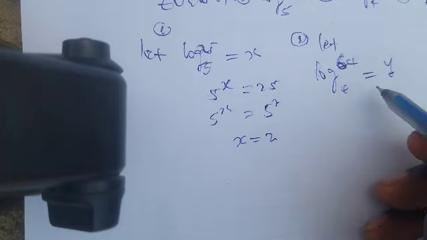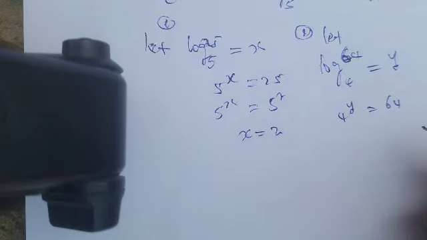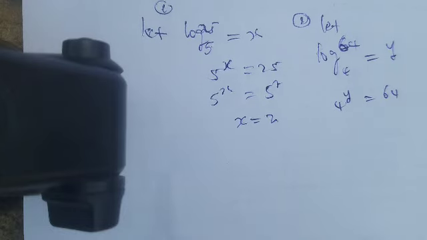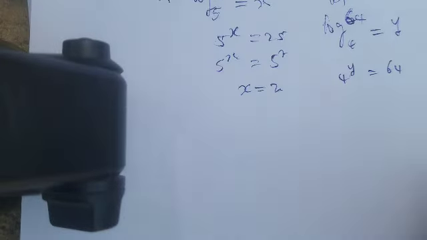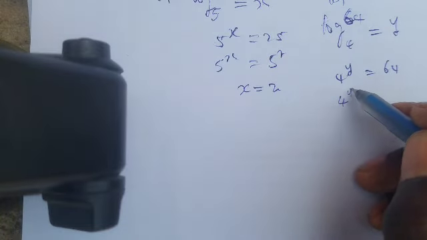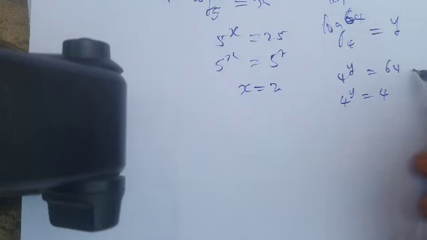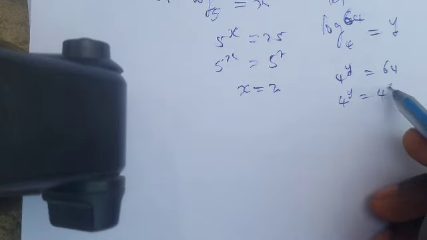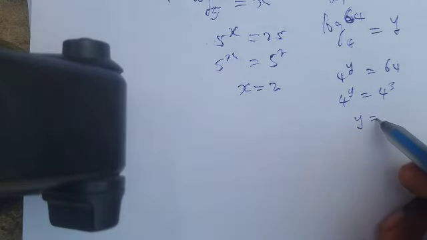So we allow this y to come here as a power, which gives 4 raised to the power of y is 64. We have 4 times 4 is 16, times 4 is 64, which is 4 raised to 3. Then by equating power, our y is 3.